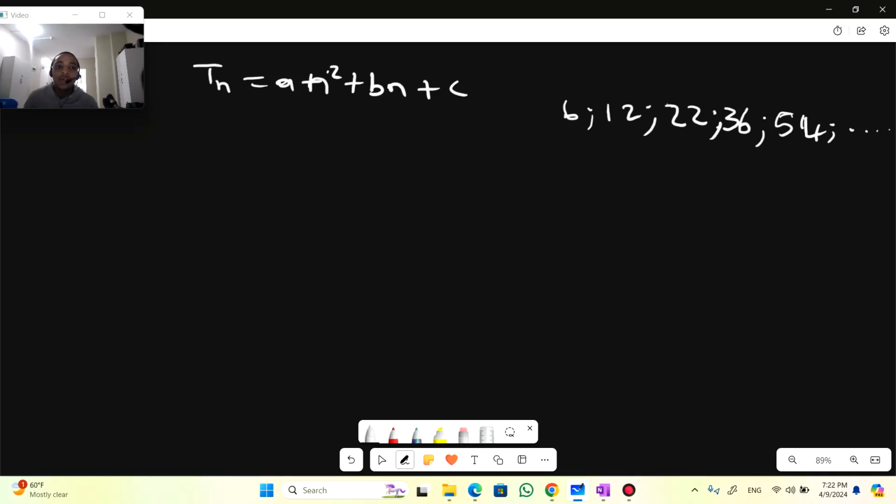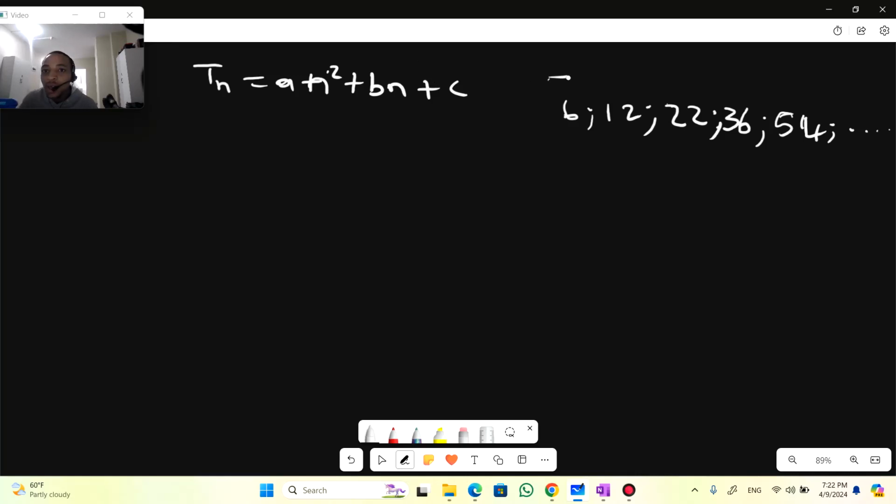On the quadratic sequence, I have an example here so that we can know how to find the general formula, because it is the main thing, you need the general formula before calculating anything else.